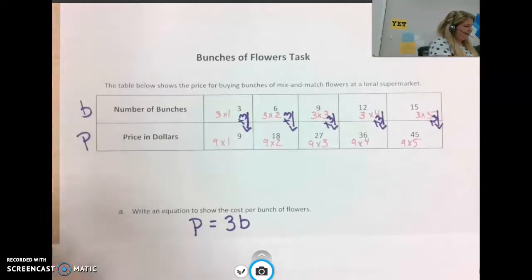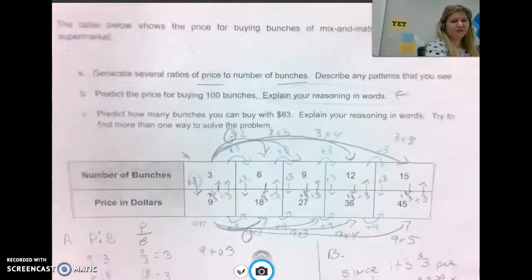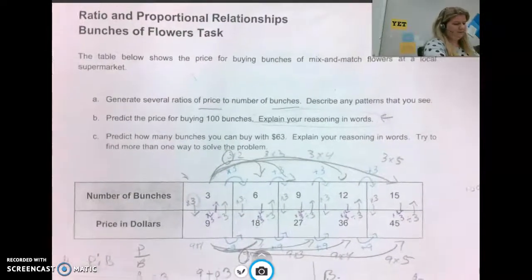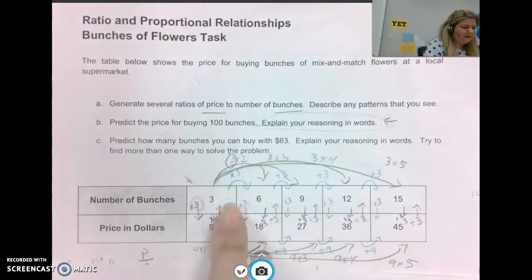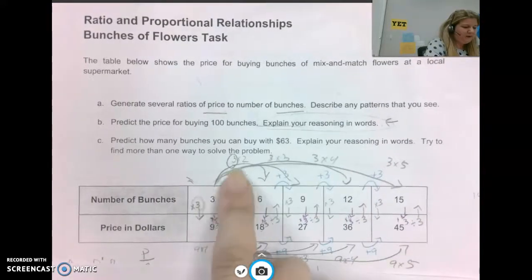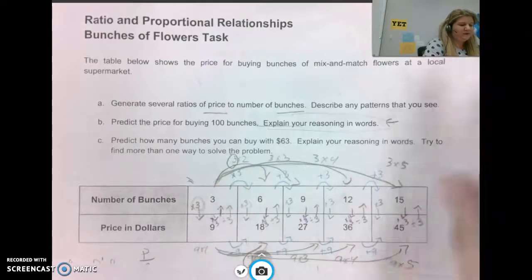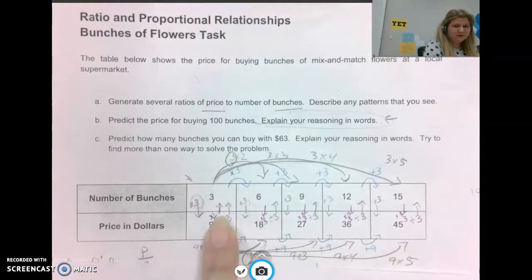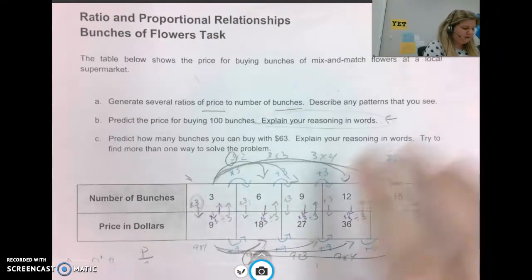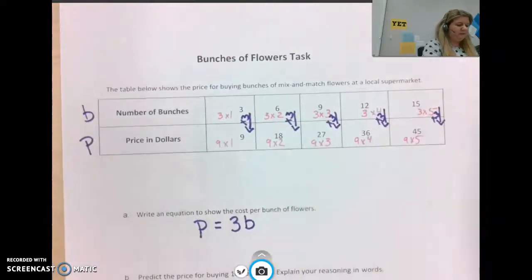So some other patterns that we can see. I'm just going to show you some work that I did previously. Here's my 3 times 2, 3 times 3, 3 times 4 that I've written here. I'm also doing the times 3, and I saw the divided by 3.